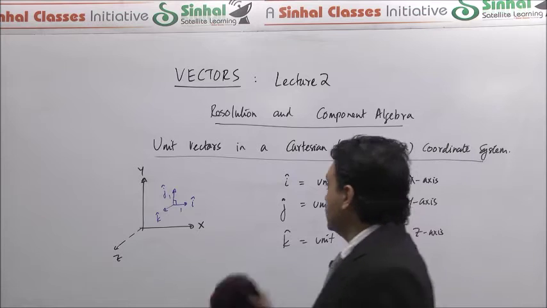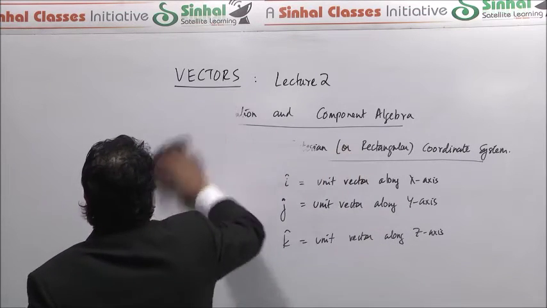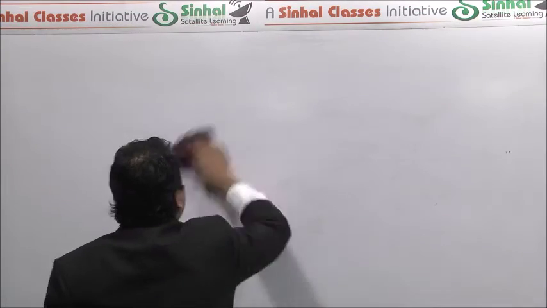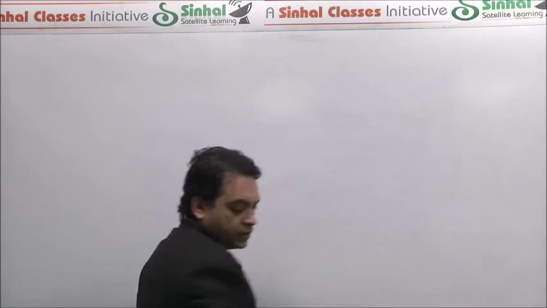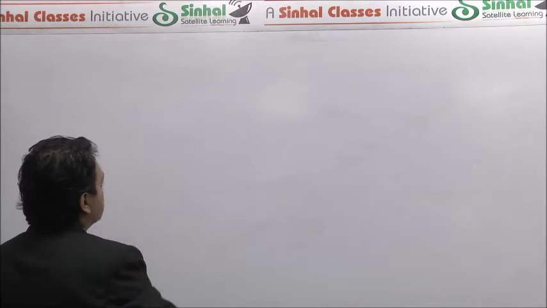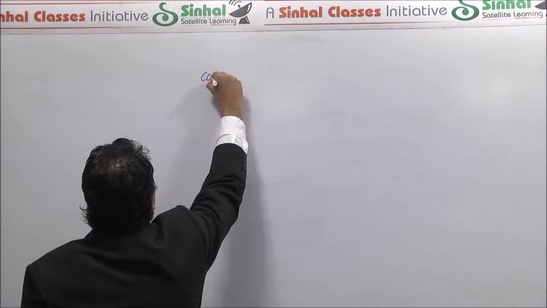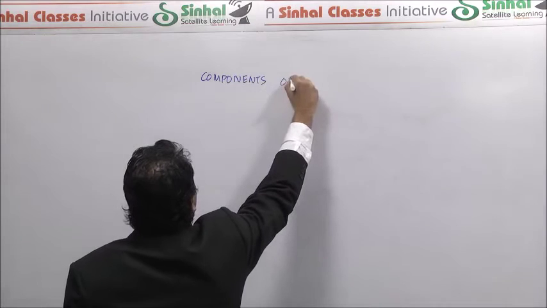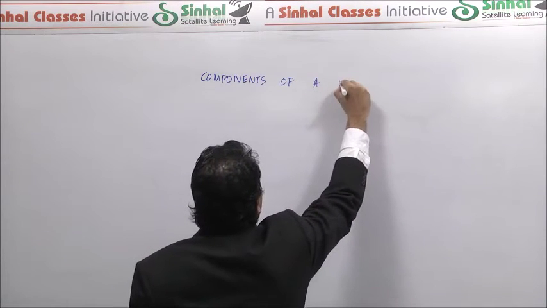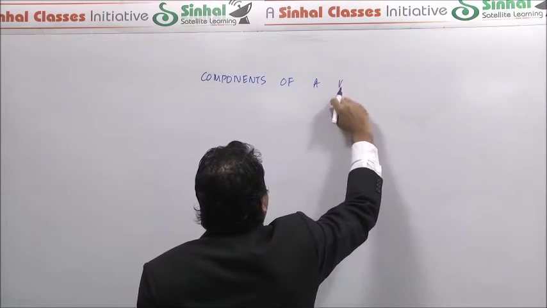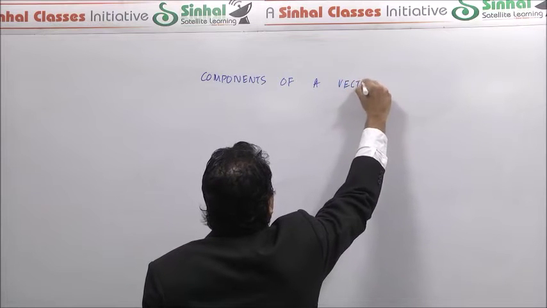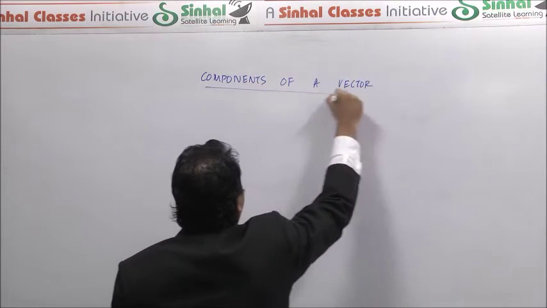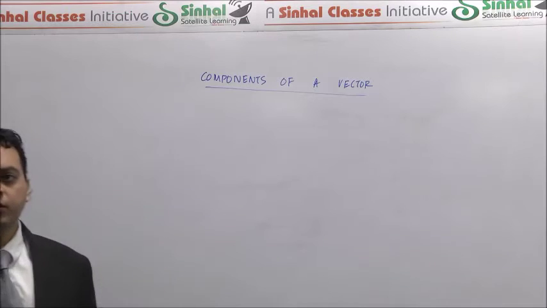So the next aspect we'll understand about component algebra is components of a vector. What do we mean by the term component of a vector?